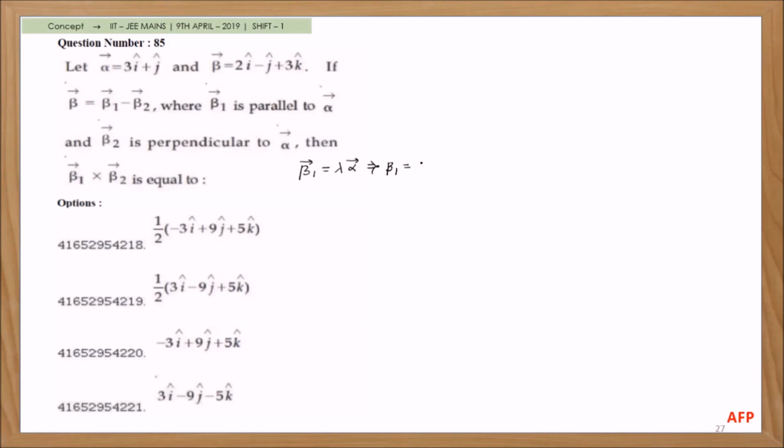Alpha is given here, lambda times 3i plus j. Okay, next, beta 2 is perpendicular to alpha, then beta 2 dot alpha must be equal to 0. Okay, dot product must be 0.